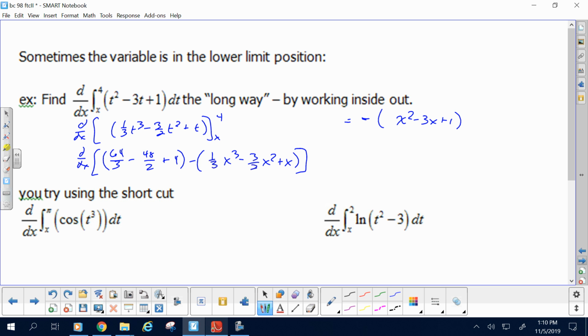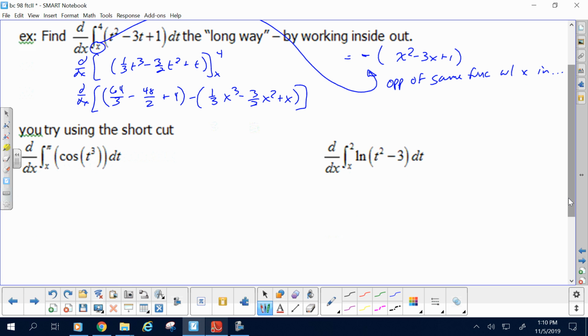So shortcut-wise, we could say that when x is in the lower limit of integration, then the derivative is the opposite of the same function with x in. All right. With that said, what is this derivative?